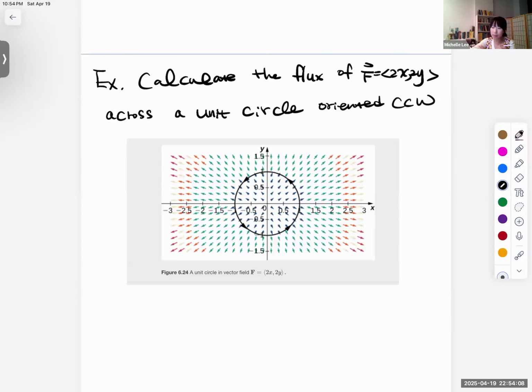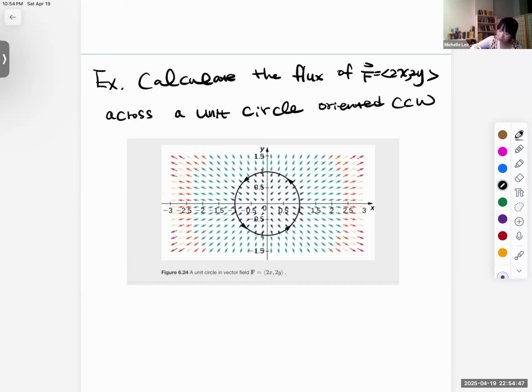Okay, so this is the last question. Calculate the flux of the vector field 2x, 2y across a unit circle oriented counterclockwise. So this is the picture. We have a vector field and the counterclockwise orientation. Let's make a parameterization of the unit circle.